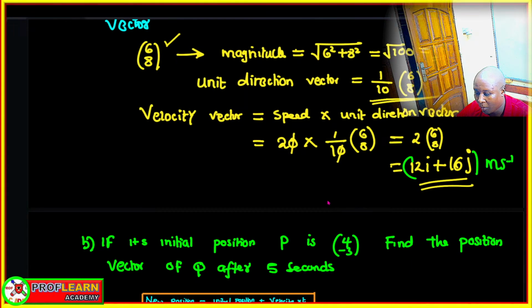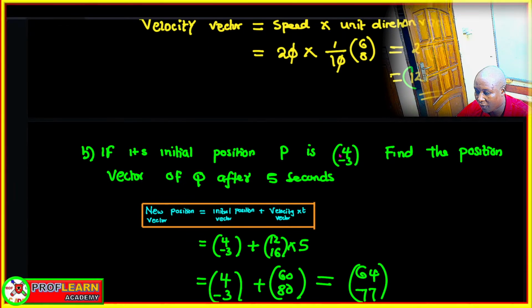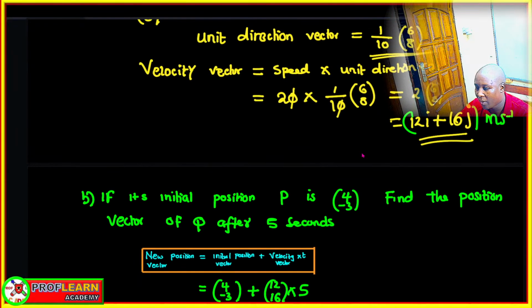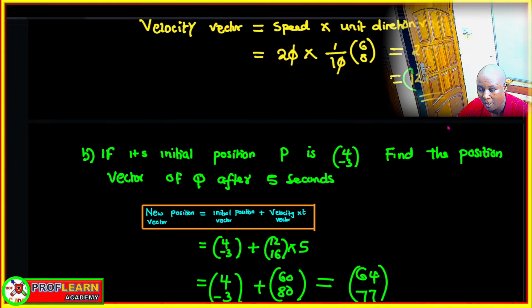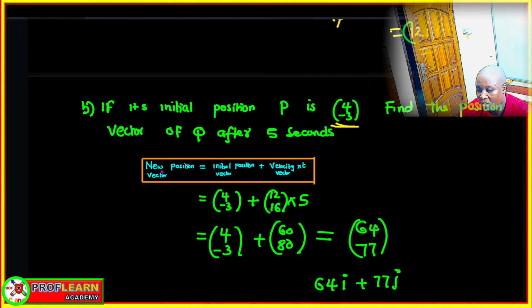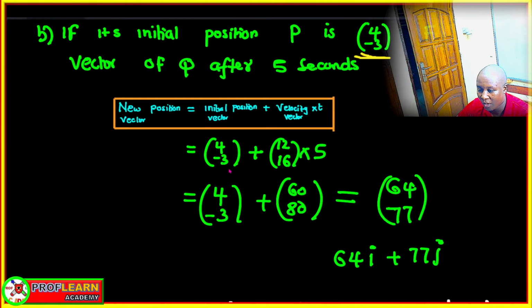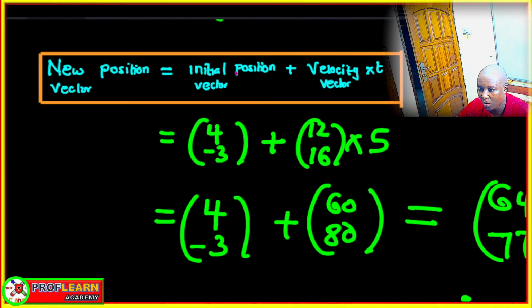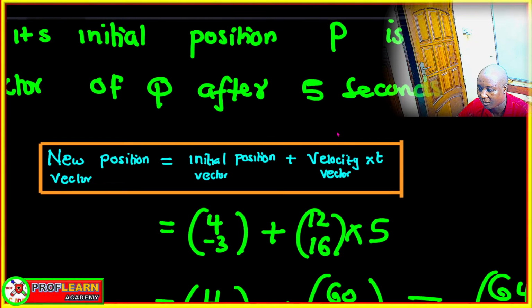Now, if the initial position of P was (4, negative 3), find the position vector of Q after 5 seconds. Remember, we have the velocity vector and we also have the initial position vector, so the new position vector is going to be the initial position vector plus the velocity vector times time, and time is 5 seconds.